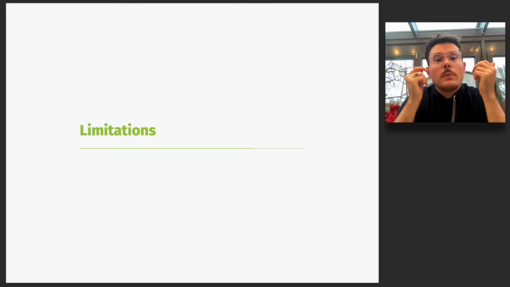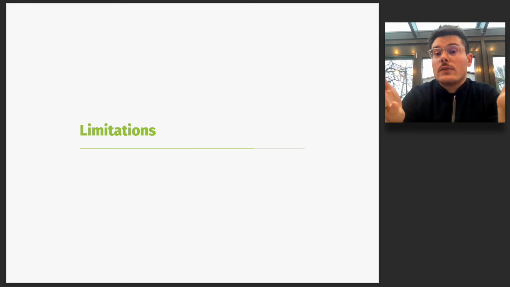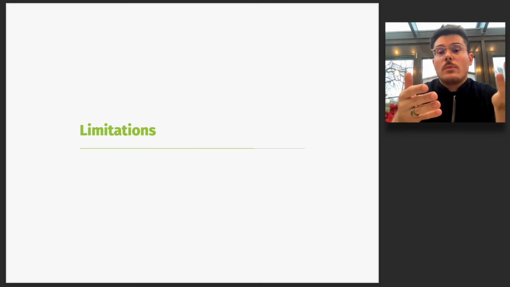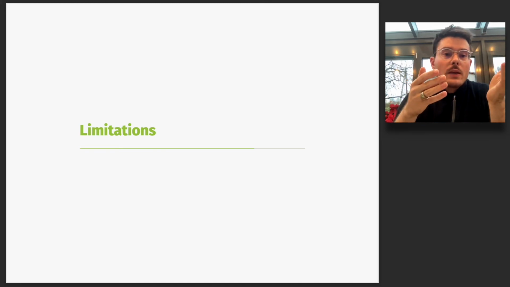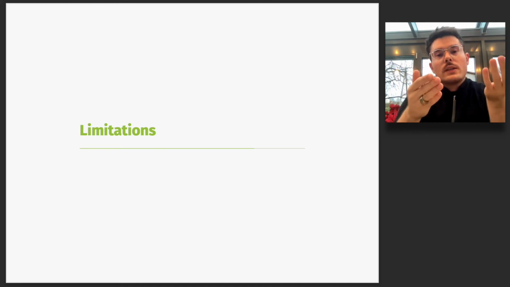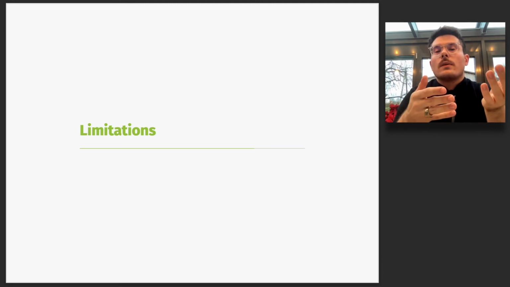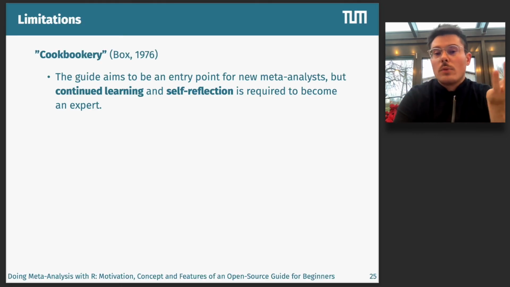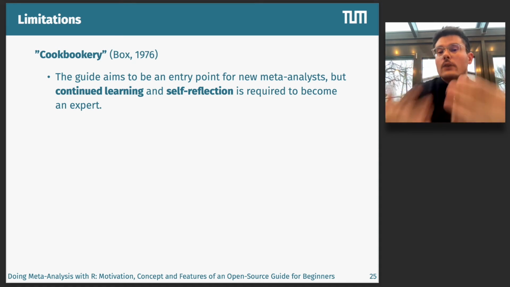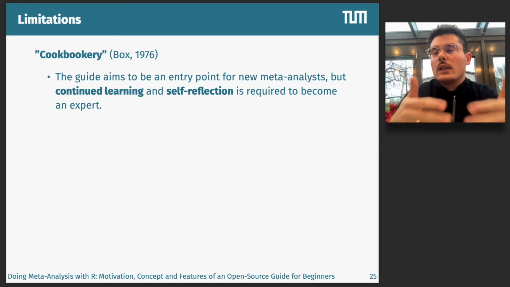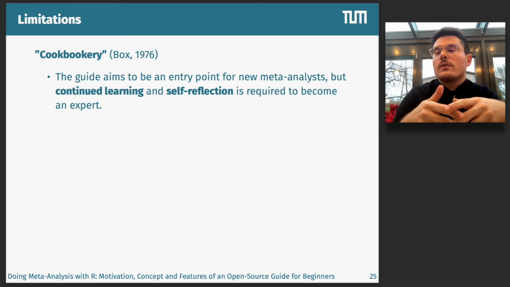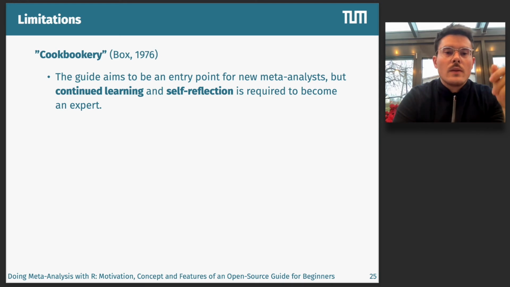I also wanted to briefly mention the limitations of the guide and its conceptual approach that I just sketched out. I think one important risk is contributing to what Box calls statistical cookery. I mean, the guide merely tries to be an entry point for meta-analysts, but it's quite clear that continued learning and self-reflection is required to become an expert.